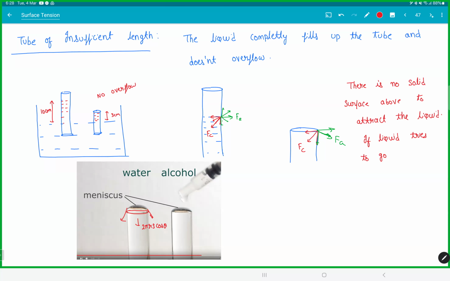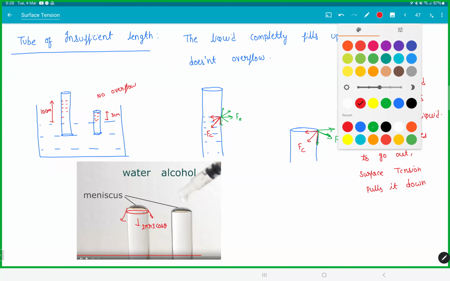It's like a rubber sheet trampoline. You go down, it'll push you up. If you go out, it'll try to pull you down. So if liquid tries to go up or go out, the surface tension pulls it down. Clear with this?